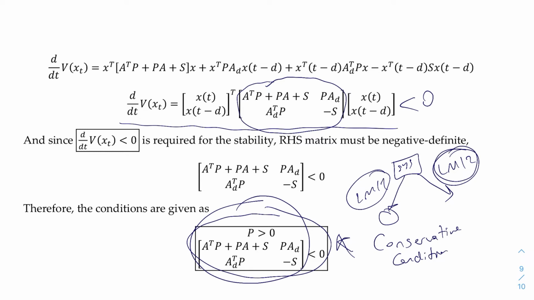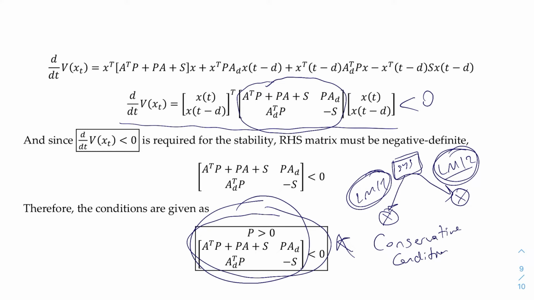LMI 2 will be delay dependent, and that delay dependent condition will be much less conservative. So there are systems where using only LMI 1 we get the conclusion, hey, that is not stable. However, by using LMI 2, yeah, that is stable in fact.